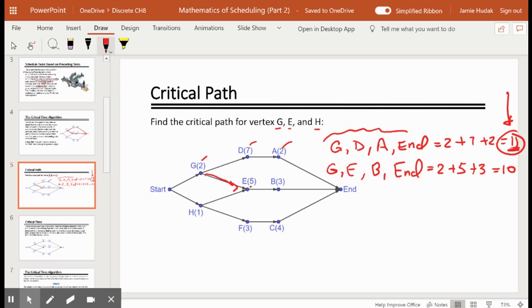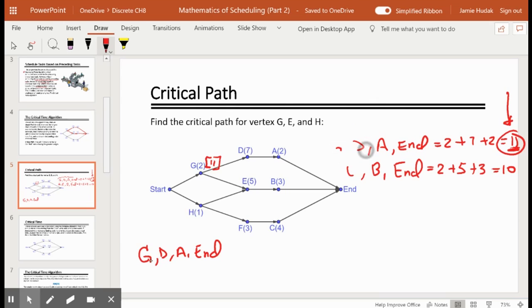So the critical path for G is G, D, A, end. And this number 11 is known as the critical time for G. You're going to see that we're going to start denoting critical time in these graphs by using a square bracket and the critical time. That means the time of the longest path.